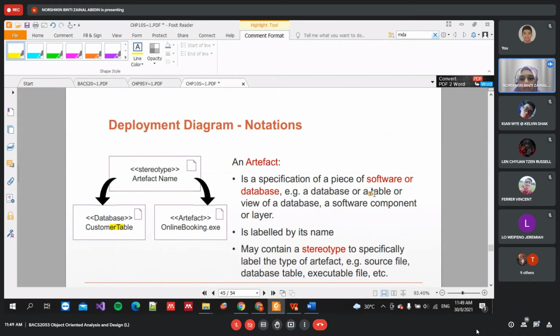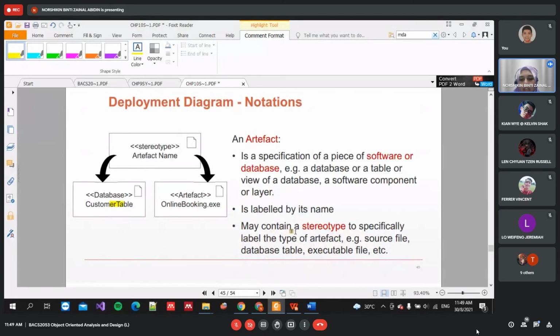A table or view of a database software component, that means being specific. It is labeled by its name, and it may contain a stereotype to specifically label the type of artifact. Example: source file, DB, and executable file.